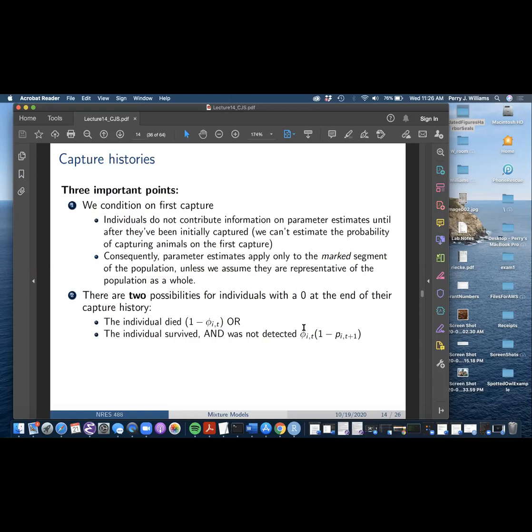So if A is the probability that it survived, and B is the probability that it was not detected, and we want A and B, we multiply those two probabilities together. That's why we have phi times 1 minus p. But if we were saying the probability of A or B, then we would add them together. So if we wanted to know the probability that it survived or the probability that it wasn't detected, we would say phi plus 1 minus p instead of phi times 1 minus p.